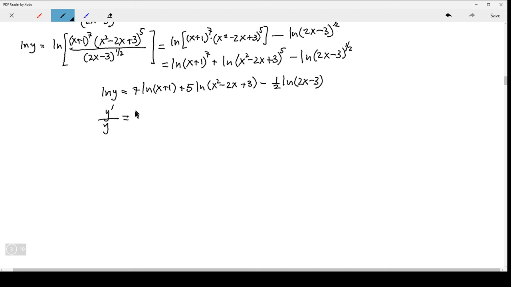Over here, I get 7 times the derivative of the inside over the inside. 5 times, again, the derivative of the inside, 2x minus 2, over the inside. Minus 1/2 times, again, log, so the derivative of the inside over the inside. All right. Now, before I do anything else, I want to clean up my right-hand side.